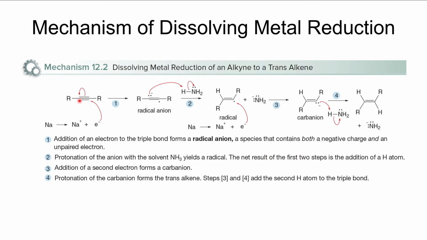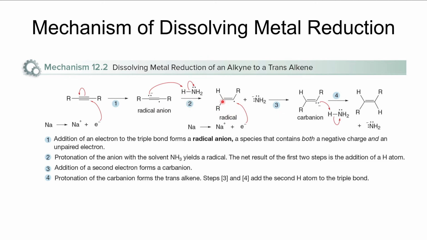So first thing, our alkyne gains an electron directly from the sodium. Sodium is really good at giving up electrons, so it gives its electron to the alkyne, and we end up getting what's called a radical anion. Now, that's a very unusual, very, very reactive species. It will deprotonate the ammonia molecule, and so now we will have this radical.